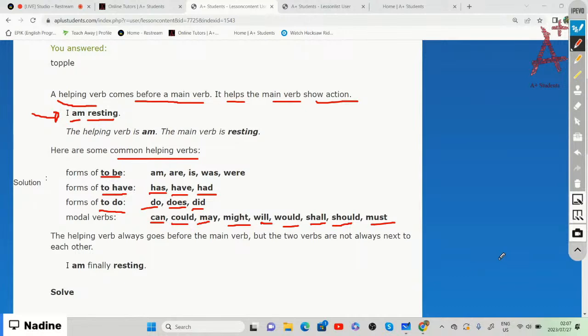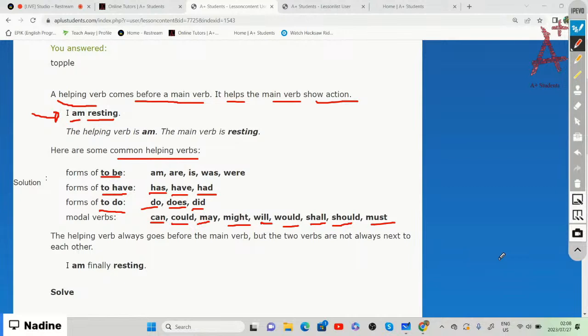So we will of course have certain verbs that are not next to each other, which happens in most English, right? And remember, it is the same as certain rules that you follow with certain concepts. So the same with a helping verb that comes before a main verb, which helps the main verb to show action.